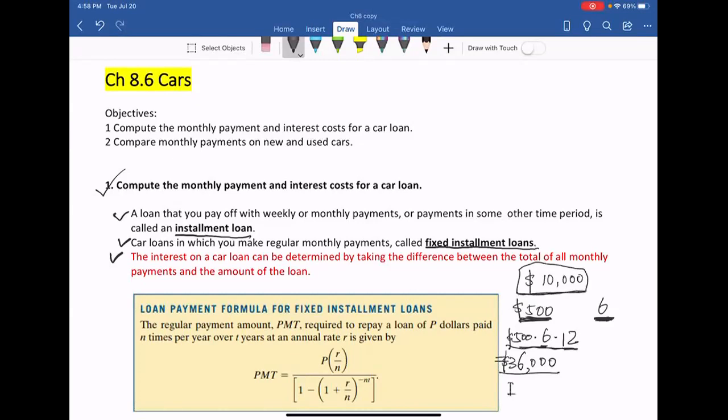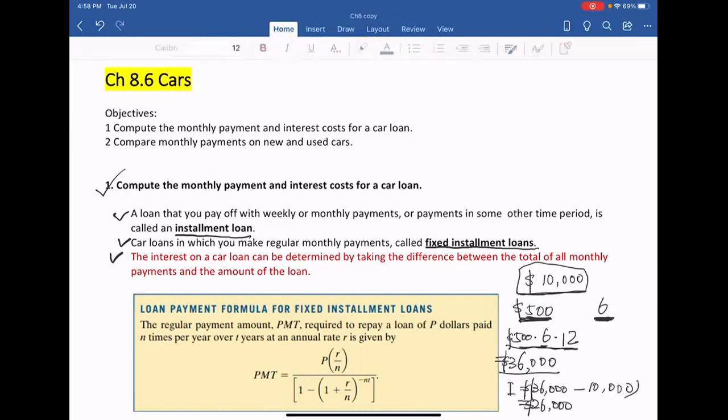So the interest equals 36,000 minus 10,000. Well, I need to pay a lot on the interest. Just the example here. So I need to pay $26,000 for the interest.